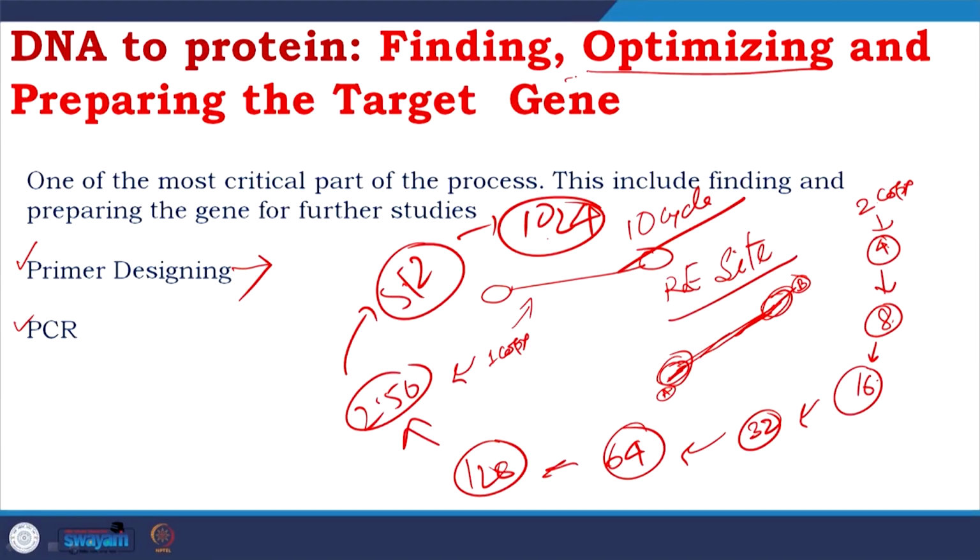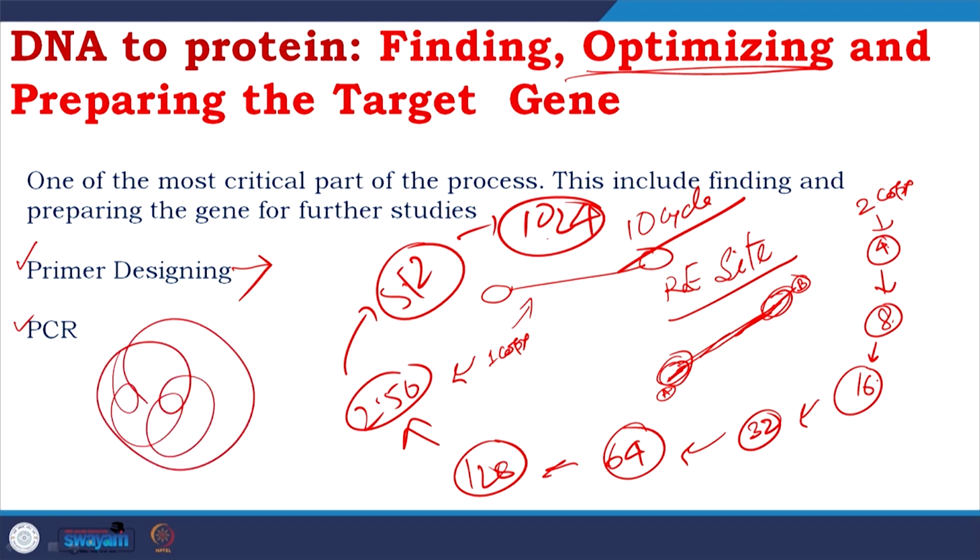More importantly, as a structural biologist, you also do the optimization. What is optimization? Suppose you have a protein. How do you know before the study? There are computational techniques called homology modeling, ab initio, and gene threading or fold recognition.